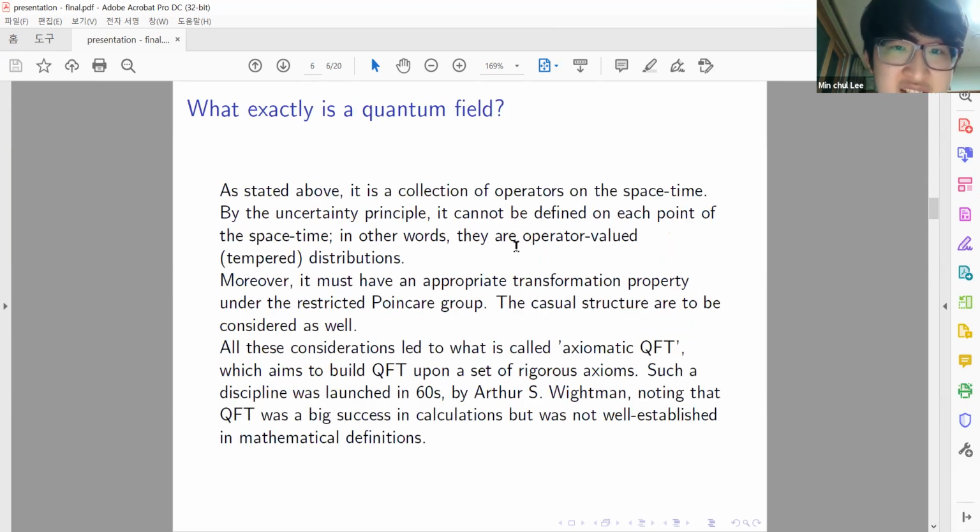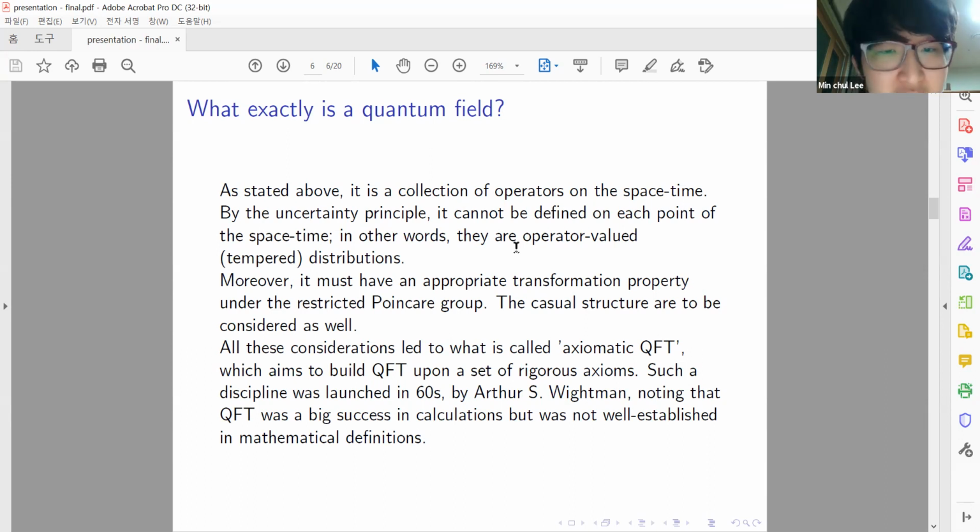So what exactly is a quantum field? As stated above, it is a collection of operators on the space-time. However, by the uncertainty principle of quantum mechanics, it cannot be defined at each point of the space-time, because the uncertainty principle says that if you're able to exactly specify a point, a space or a time, then the energy or momentum must be infinite.